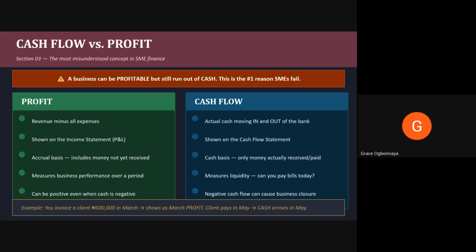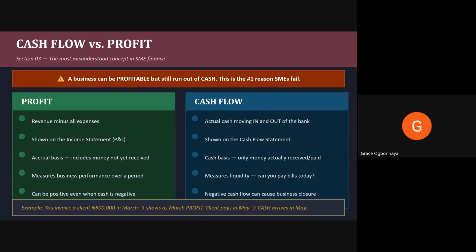So cash flow is actual cash movement in and out of your bank. People are buying and they are paying. You are also buying things and you are paying. You're taking a loan, you are paying back, you are getting grants. It is just the movement in and out of your bank. That's cash flow. It is shown on the cash flow statement, and it's on a cash basis.